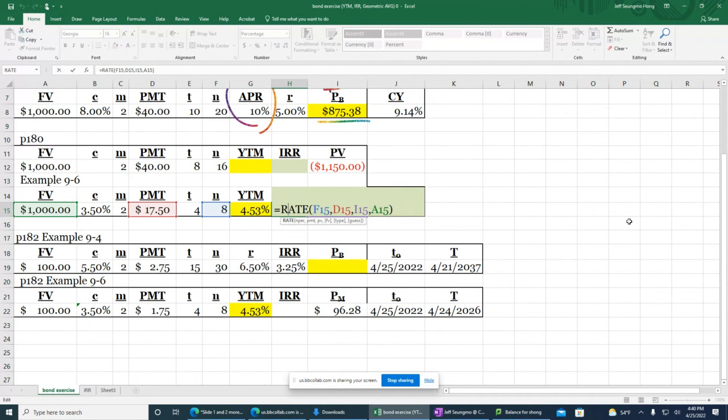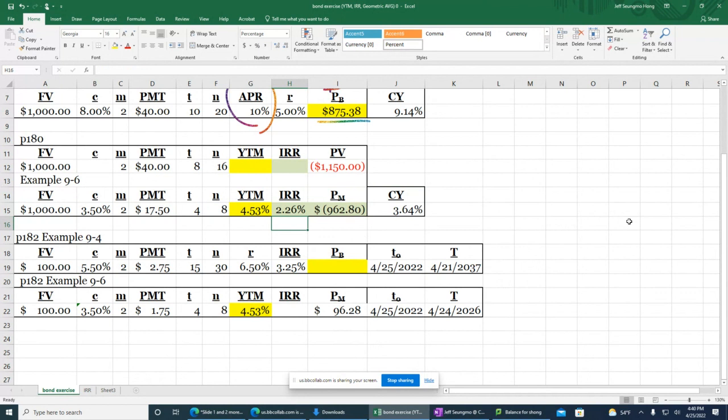Future value, future value. There's nothing else to do, so you hit enter. And then you get the half-year rate. And turning the half-year rate to the full year rate is nothing difficult. This times 2, right? But either way, whether you use the yield command, or whether you do it this way, we come to the same conclusion.